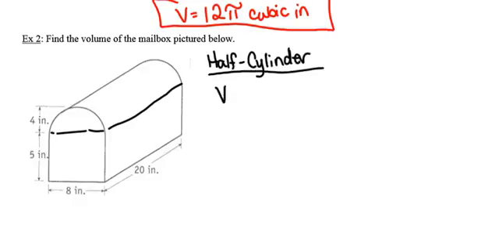The formula for this is volume equals 1/2 times pi r squared times h. If I look at this half cylinder, the radius is 4 inches. Its height, the distance between the two bases, is going to be 20. So I'm simply going to plug those numbers into my formula.